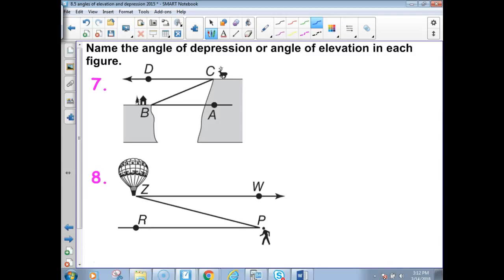All right, try these. You can say, I'm going to call this a deer and a cabin. And of course, this is a balloon and a person, or it's easier to write man because it's fast. 3 letters. Okay, so can someone describe for me that top angle here?